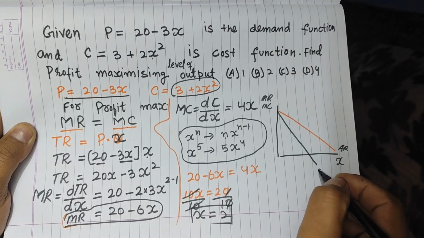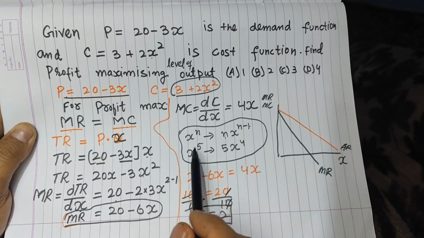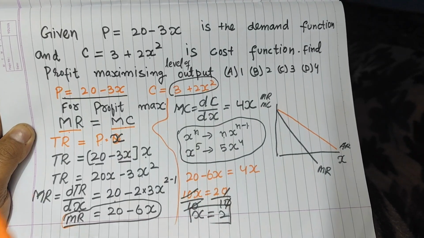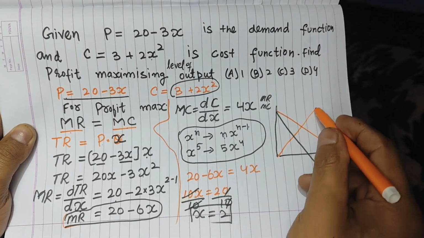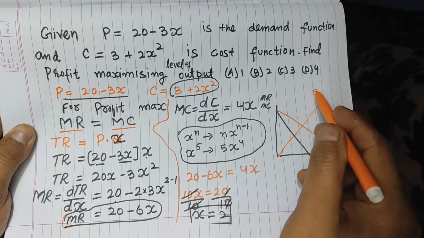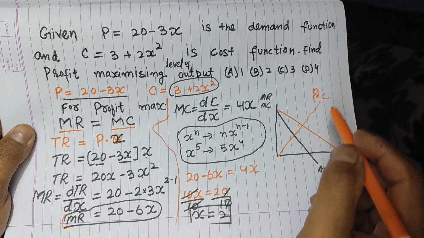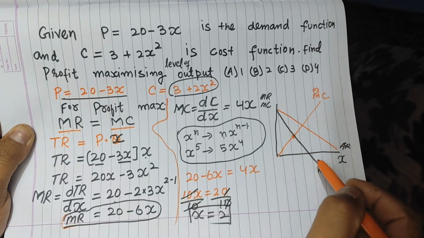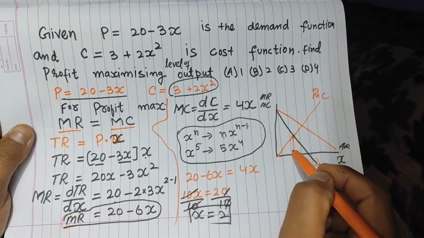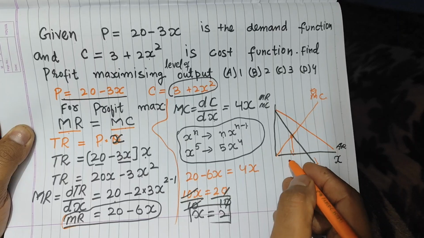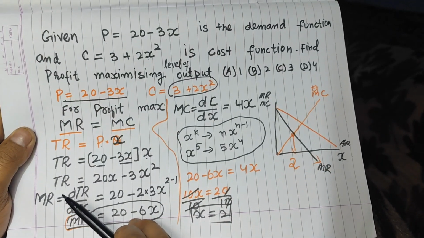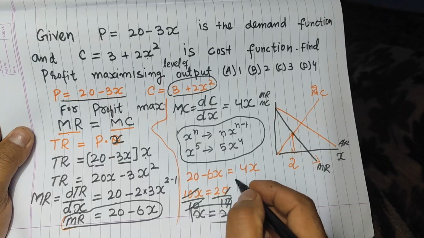So this is our marginal revenue function. Marginal cost function is 4x, so it will be like this. Let me write it. This is our marginal cost function. Profit maximizing occurs at a point where marginal revenue and marginal cost functions intersect, that is at the output level of 2.